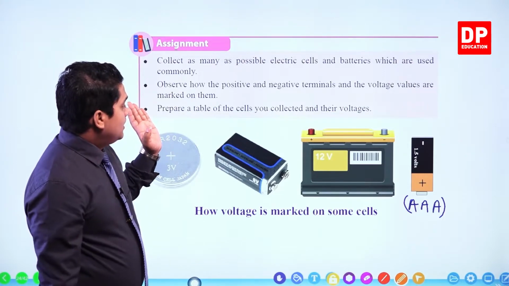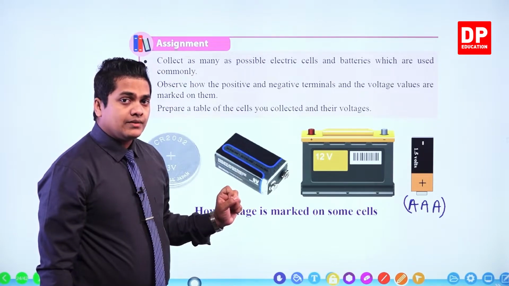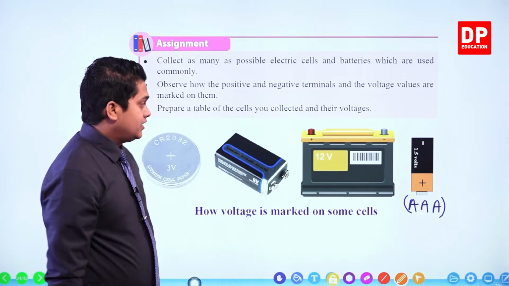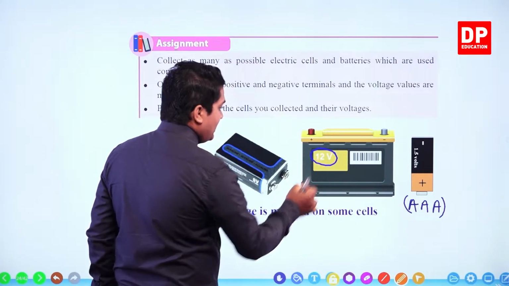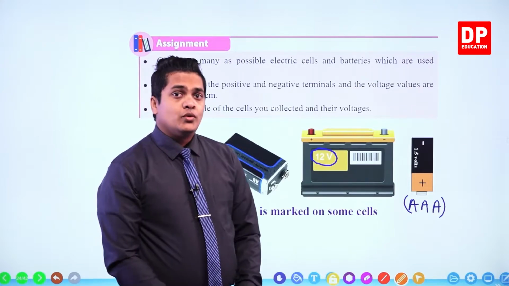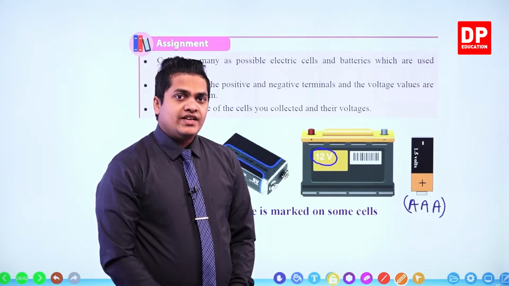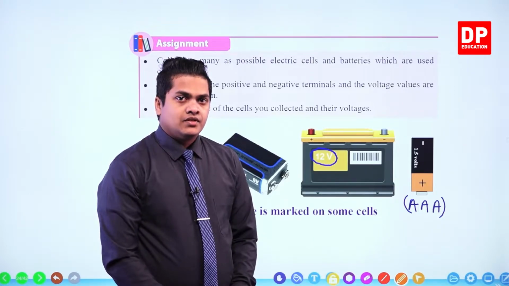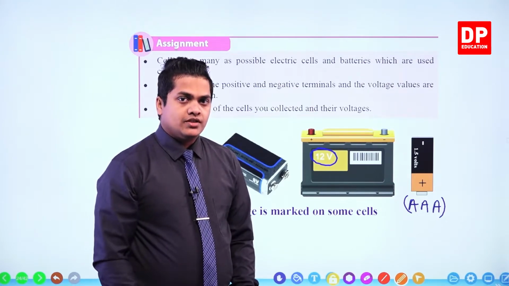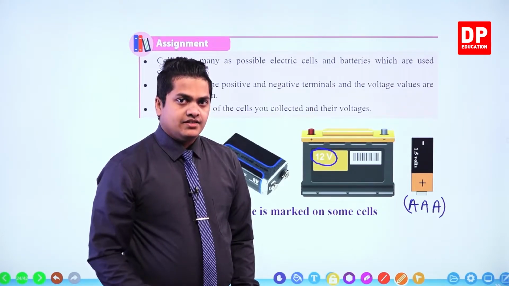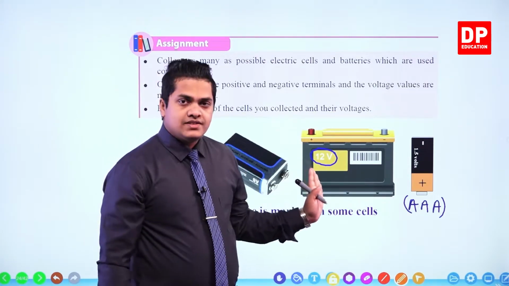Now, in these cells, the voltage or the potential difference is marked. Here you can observe 12. Here the letter V is given. That is to represent the voltage, right? So the voltage is 12. We'll come to the unit that is used to measure the potential difference later, but just for now you focus on these values.